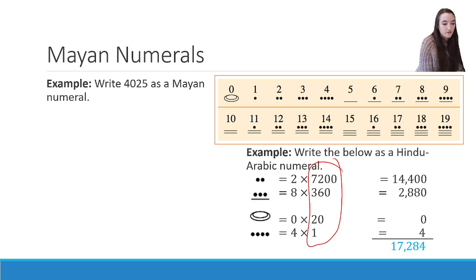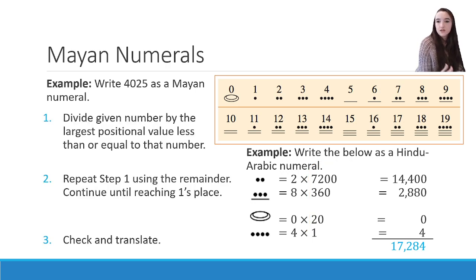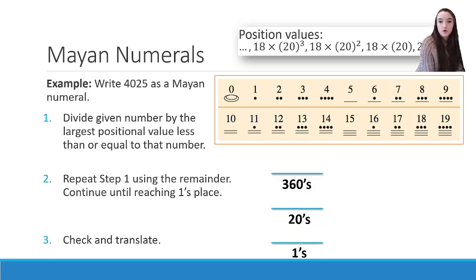So if we wanted to write 4,025 as a Mayan numeral, we do the same thing we did to get the Babylonian numeral. We divide the given number by the largest positional value less than or equal to that number. So we need to know our positional values. We repeat that using the remainder until we get down to the ones place, and then we check and translate.